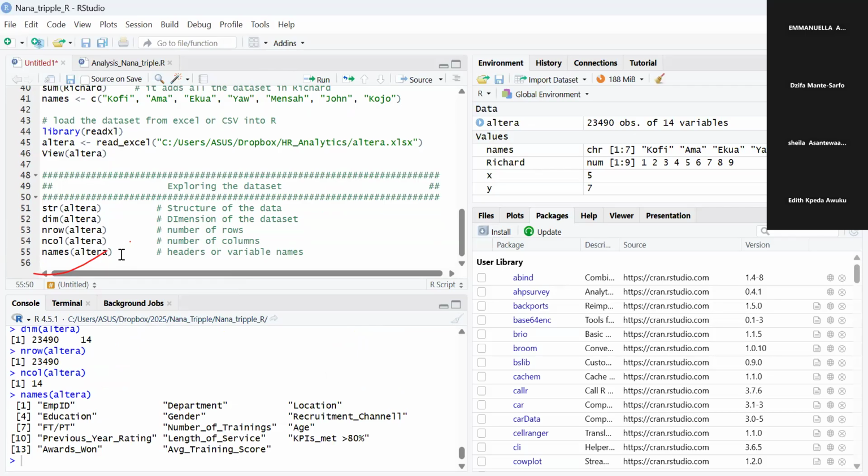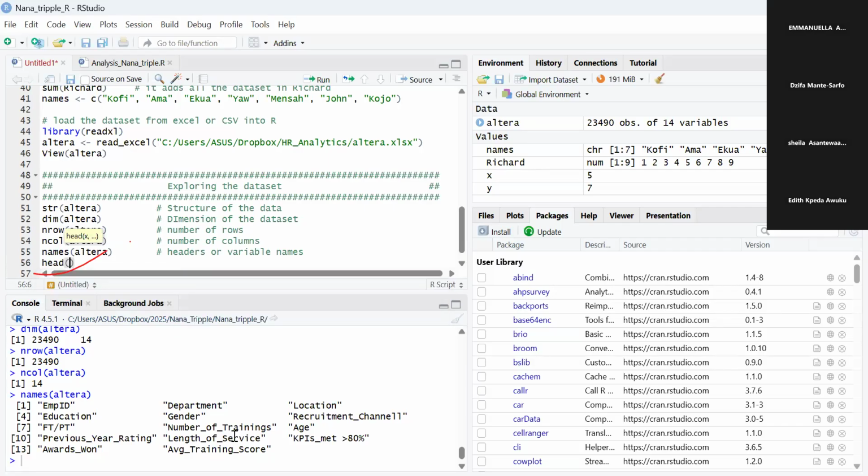So it is telling you that, oh, these are all the variable names that we have. Can I move on? Yes, Prof. Even with this, I don't need to even worry myself giving you notes on this one.